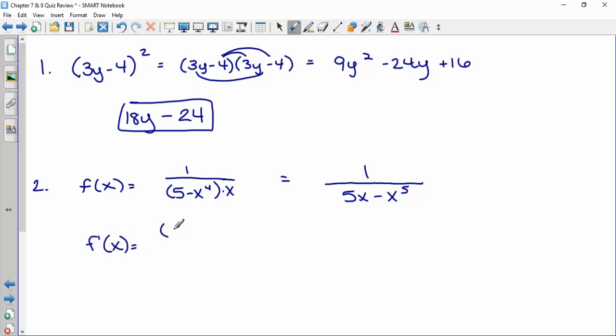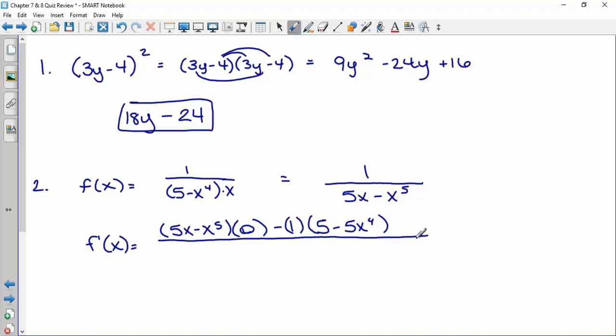So quotient rule is low, so the bottom, D high. What is the derivative of the top? 0. Minus high, D low, derivative of the bottom, over low squared.